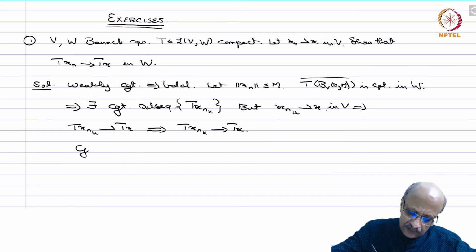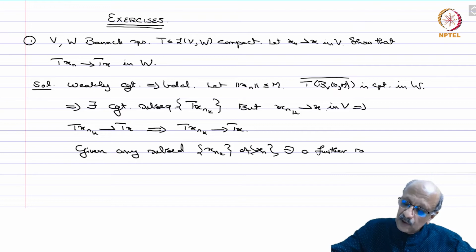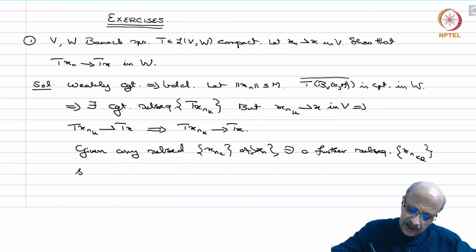So given any subsequence x_{n_k} of x_n, there exists a further subsequence x_{n_{k_l}} such that Tx_{n_{k_l}} converges, and the limit will always be Tx.